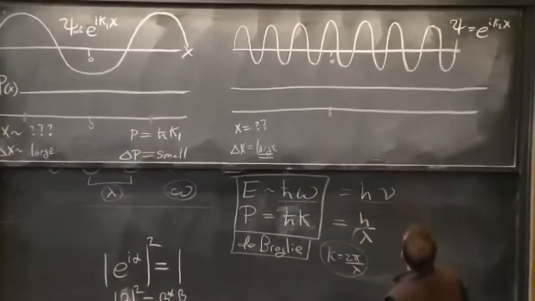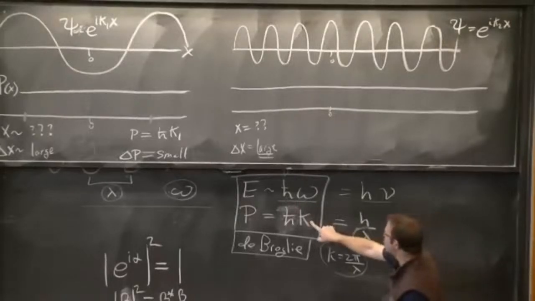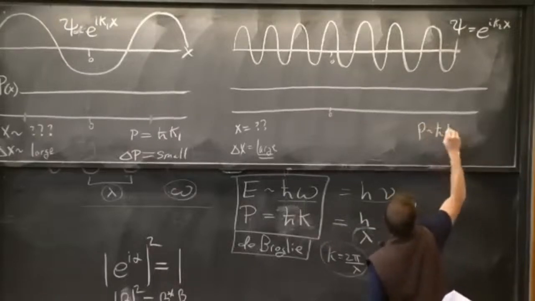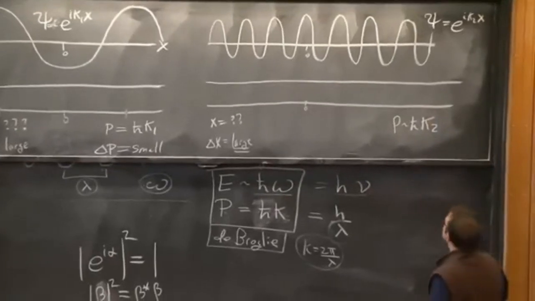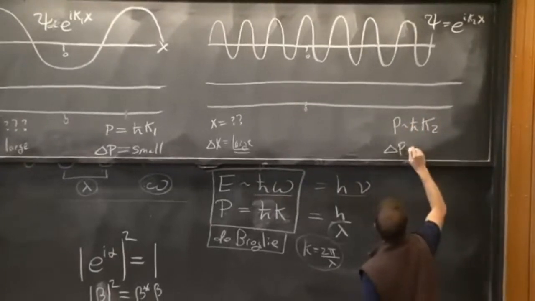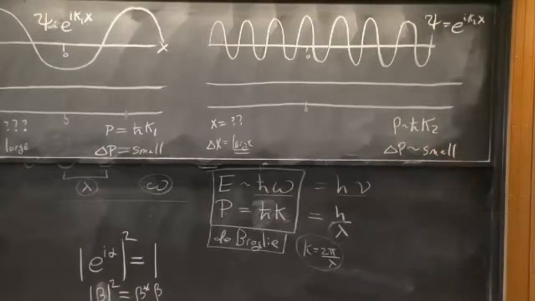It's a periodic function, but the wavelength is much shorter. If the wavelength is much shorter, then k is much larger. The momentum is much larger. So the momentum we expect to measure, which is roughly h bar k2, is going to be much larger. What about our uncertainty? Again, it's a perfect periodic function, so our uncertainty in the momentum is small. Everyone cool with that?